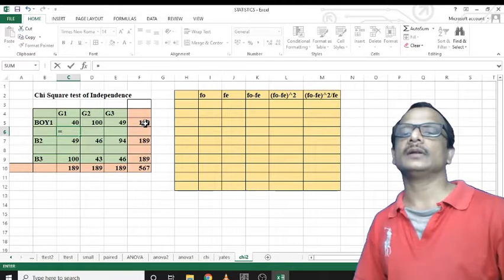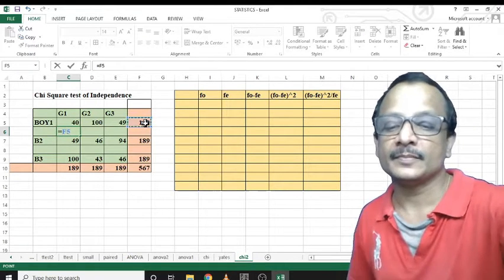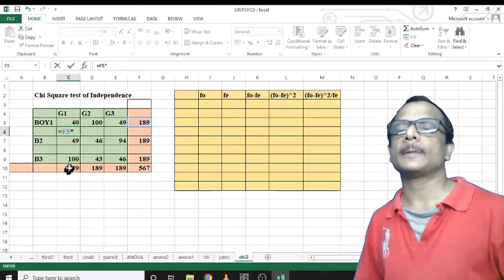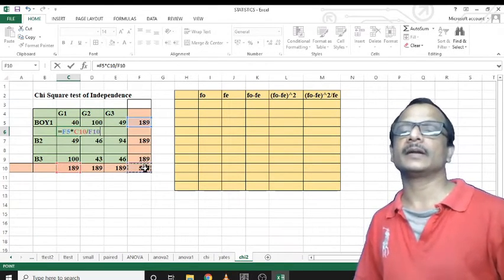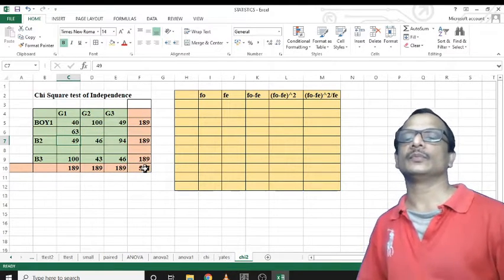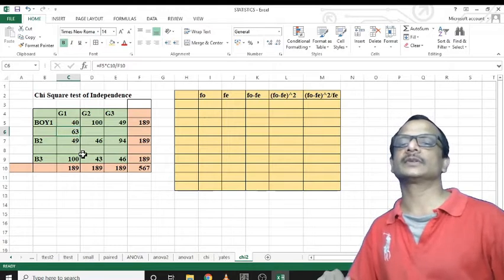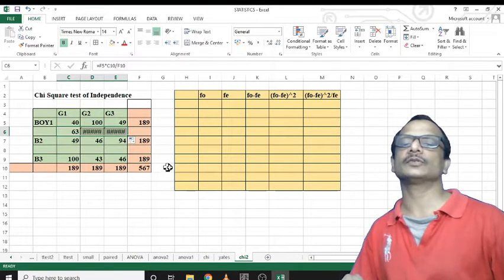Here we can calculate row total into column total divided by grand total. What's the value? Here the expected value is 63. It may be the same in these three areas, but there may be some defect here because of zeros, right?